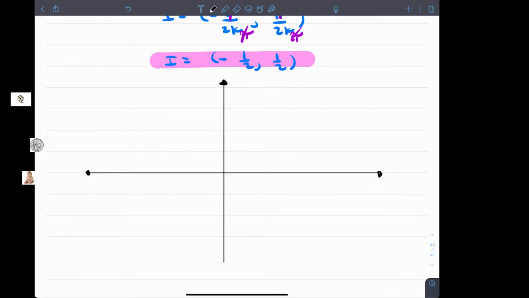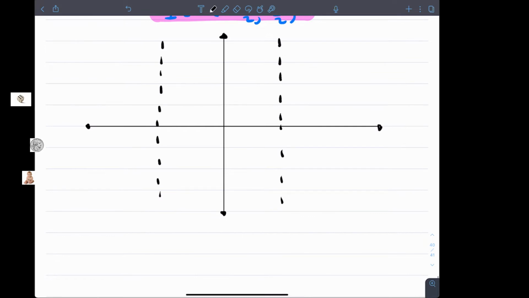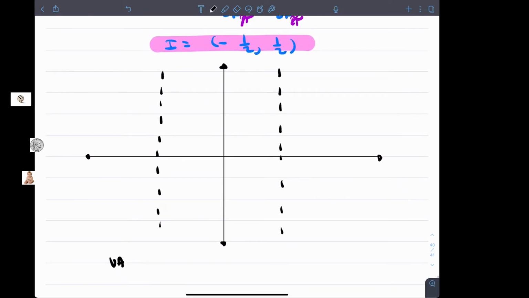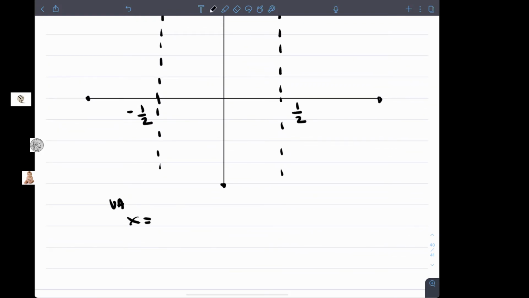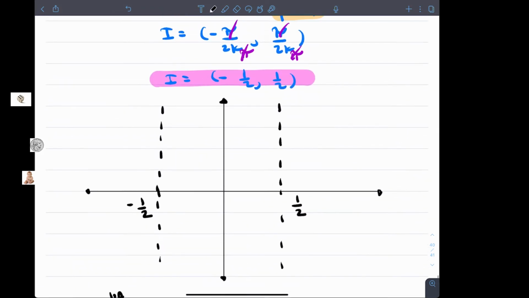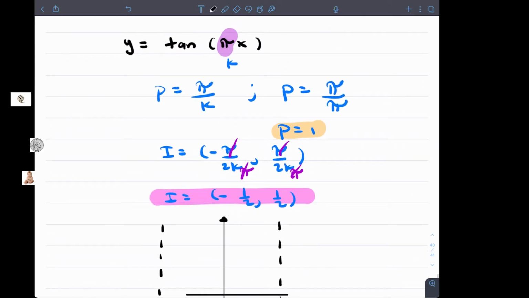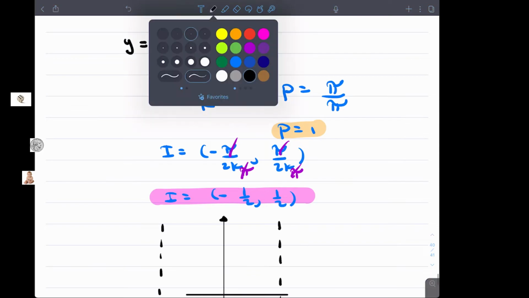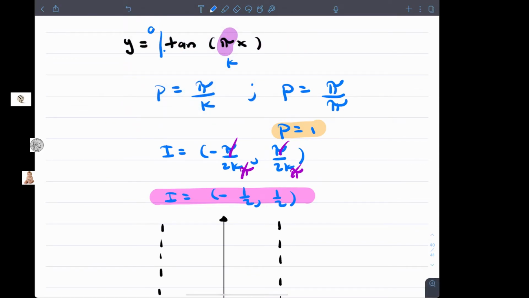All right, so then we need our what? Vertical asymptotes, right? What do the vertical asymptotes happen at? Do you guys know? That's why you found the interval of one cycle, these endpoints. X is negative 1/2. X is what? Positive. You got vertical asymptotes. What's the coefficient in front of this tangent? A is 1. Is that positive?